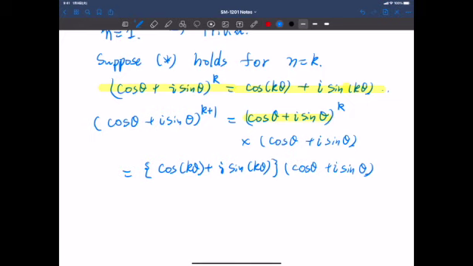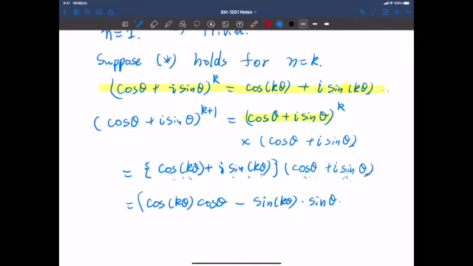Okay, and then we expand this. So this times this times this, and so on. Then we should get cosine k theta times cosine theta, and imaginary times imaginary should be cosine k theta times sine theta.